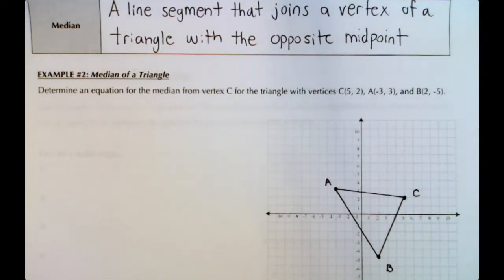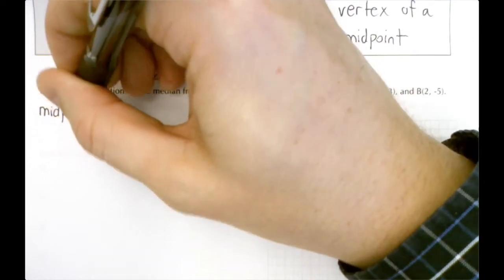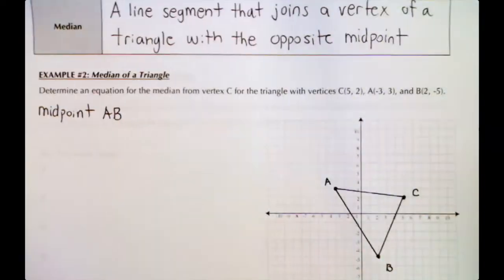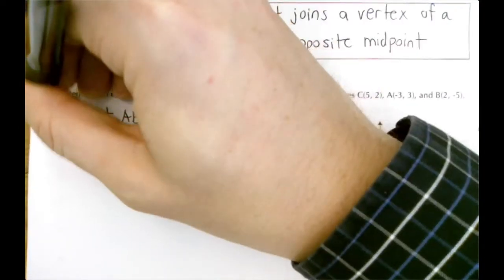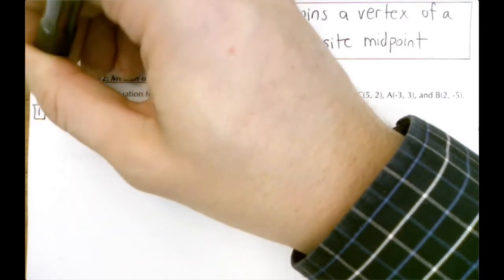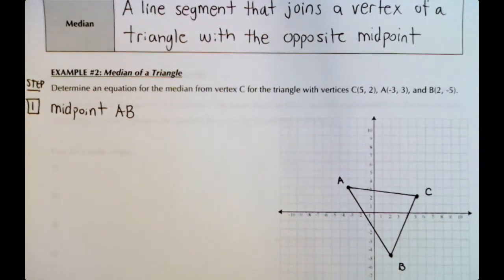We can find the midpoint using the midpoint equation from the first part of the video lesson. I'm going to put little numbers over here to indicate our steps. That's step 1. Find the midpoint of AB.